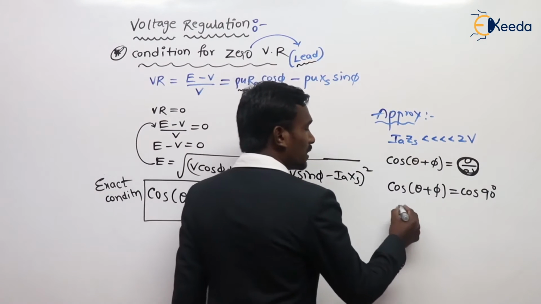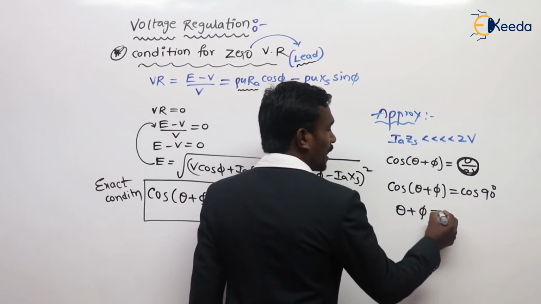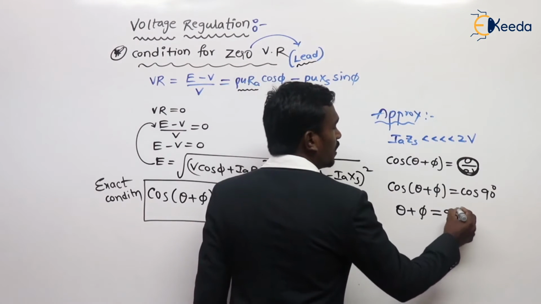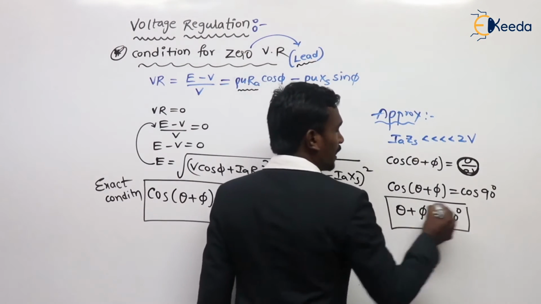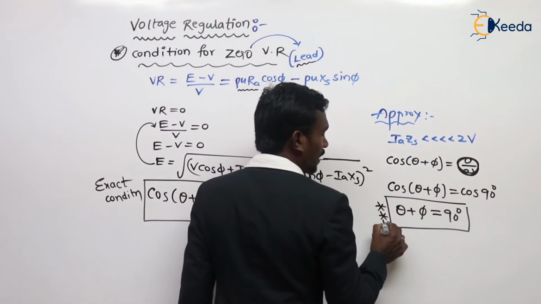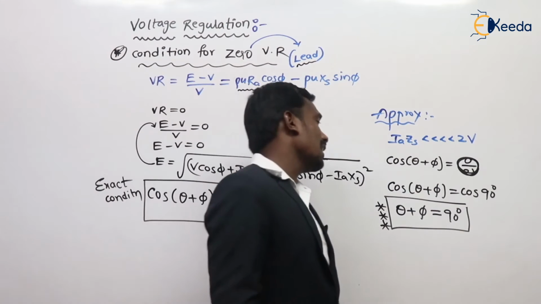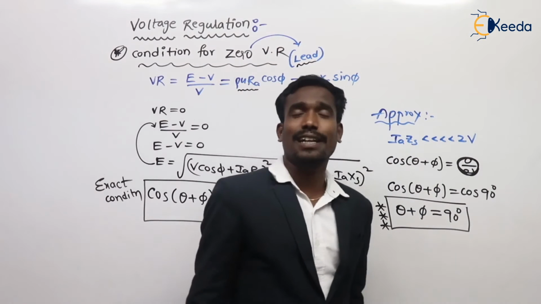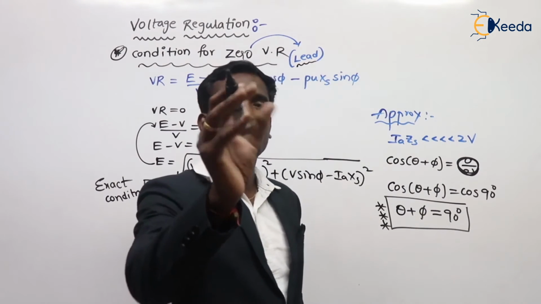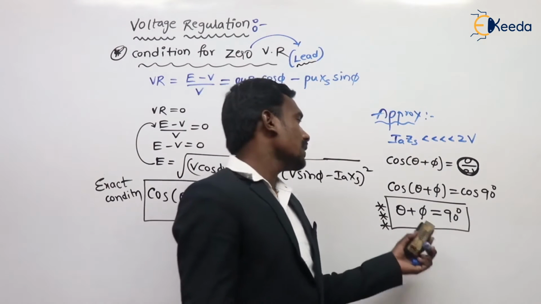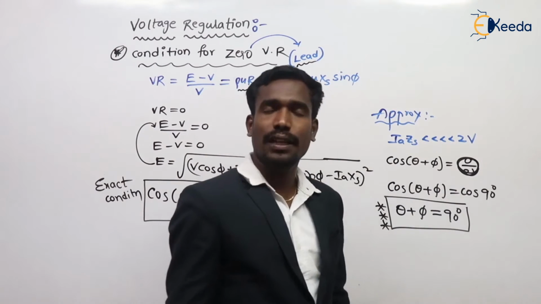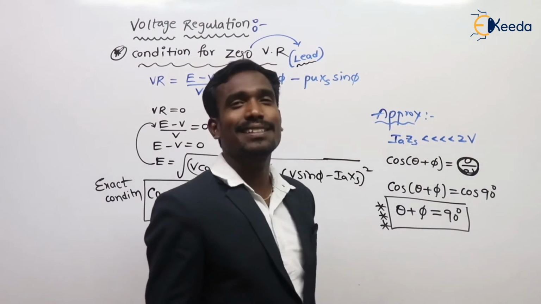Now tell me, what is the approximate condition for zero voltage regulation? The approximate condition for zero voltage regulation is that the impedance angle and power factor angle should sum to 90 degrees.